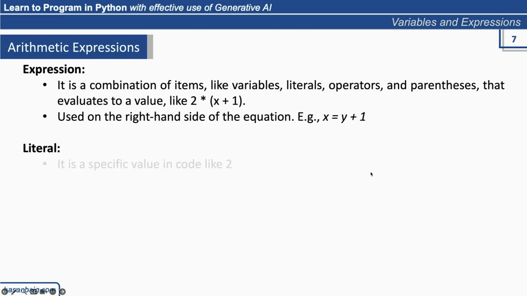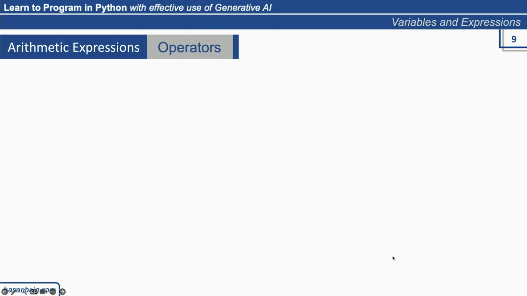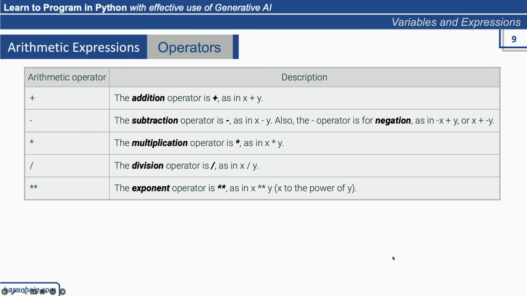What is a literal? A literal is any constant value in an expression, just like 1 here or 2 in this expression. Operators, you are already aware of the operators. It's a symbol that performs a built-in calculation, like the plus operator, which performs addition. Some of the operators you are already familiar with: plus, minus. Asterisk is used for multiplication. This is for division, and this is for power.